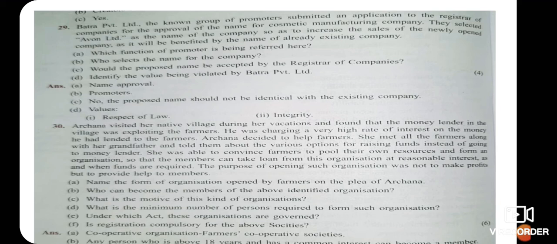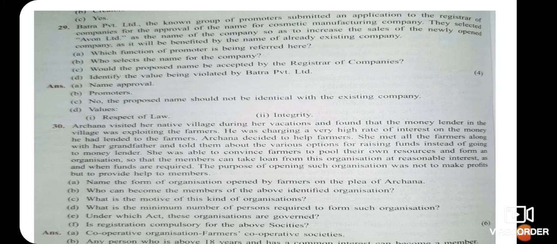So let us come to the main case. Batra Private Limited, the known group of promoters, submitted an application to the registrar of companies for the approval of the name for a cosmetic manufacturing company. They selected Avon Limited as the name of the company so as to increase the sale of the newly opened company, as it will be benefited by the name of an already existing company.